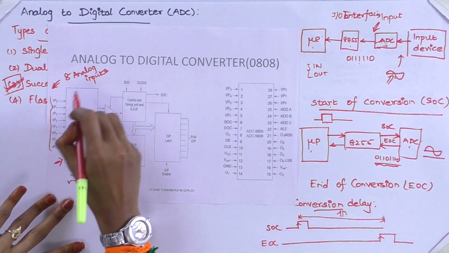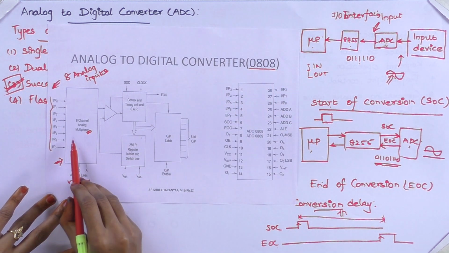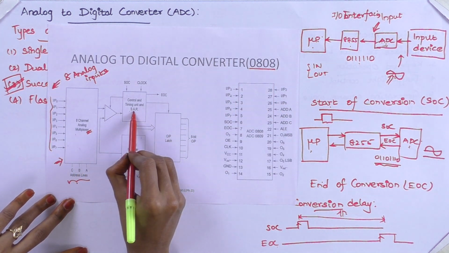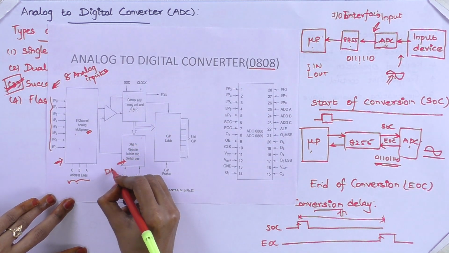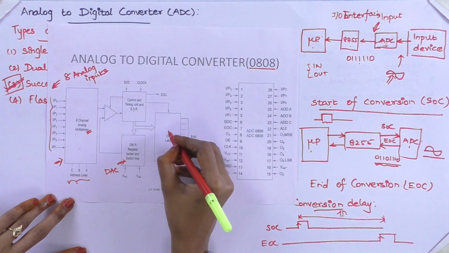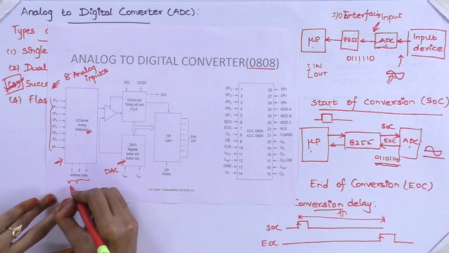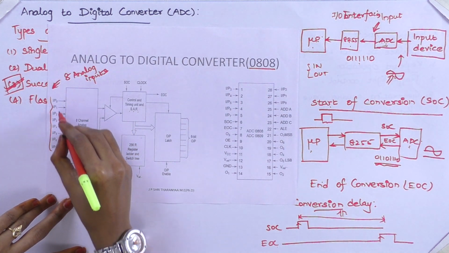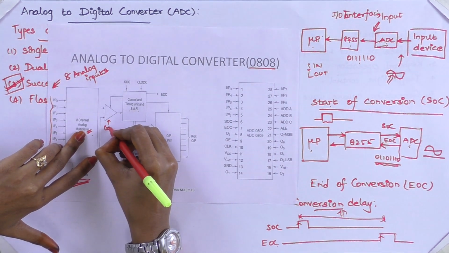Fine. So this is the block diagram of analog to digital converter 0808. You have a 3:8 multiplexer, the SAR, nothing but the successive approximation register, then a DAC, digital to analog converter, then the output latch. Based on the select signals A, B, C, one of the 8 inputs will be selected and given to the comparator.